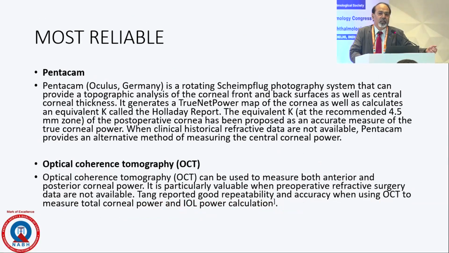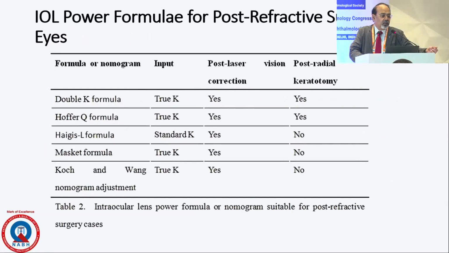What I use is Pentacam. It gives you a very accurate calculation of the anterior and posterior corneal curvature, and then a very accurate corneal power. For post-refractive surgery eyes, the double K formula or the true K formula give you bang on keratometry powers, and you can use them to get the corneal power correctly and use it as the true corneal power.